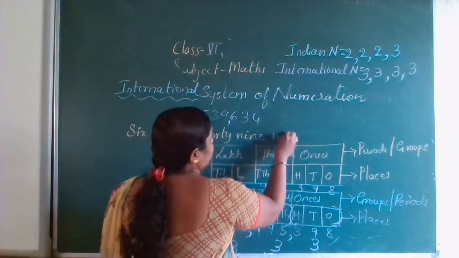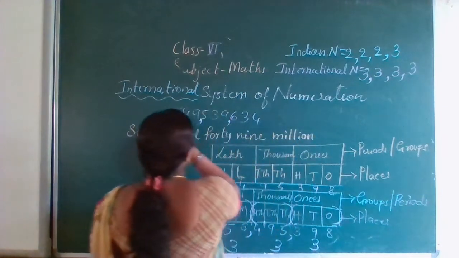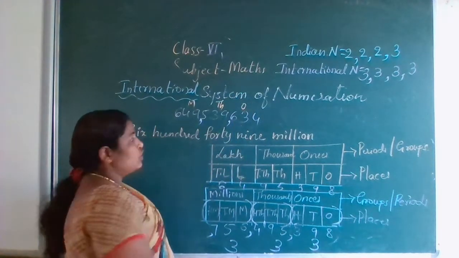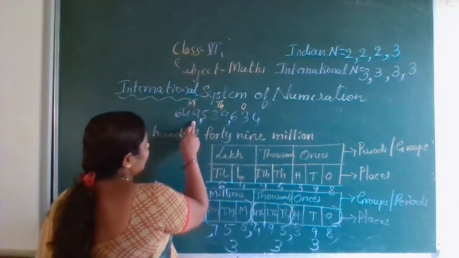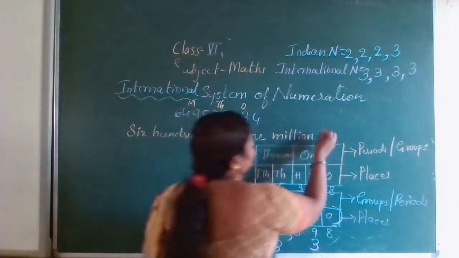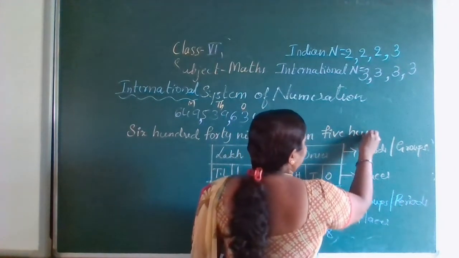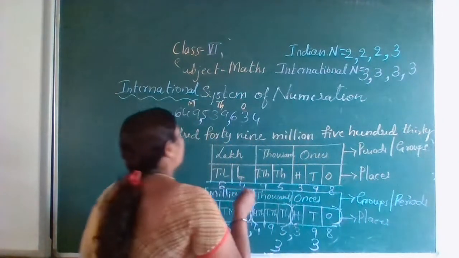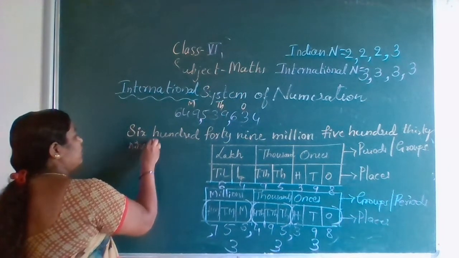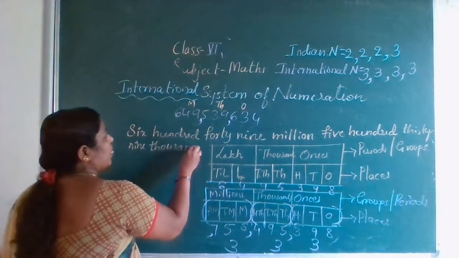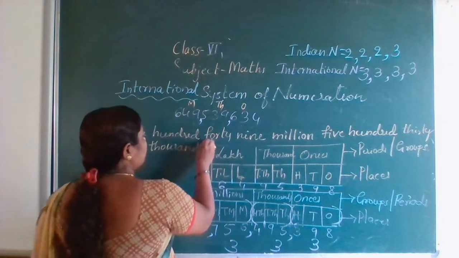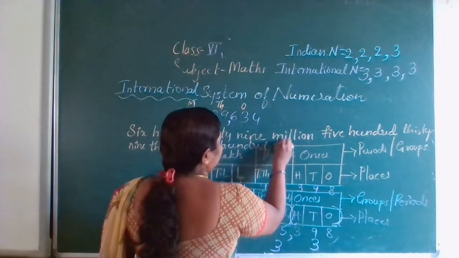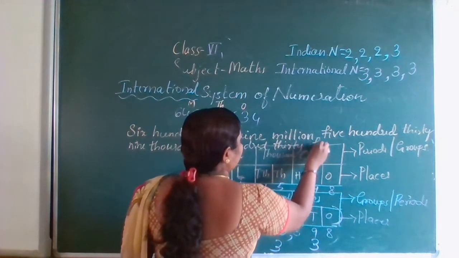So how to write the number name? 649 million, because this is the millions group, this is the thousands group, and this is the ones group. 649 million, 539 thousand, 634.